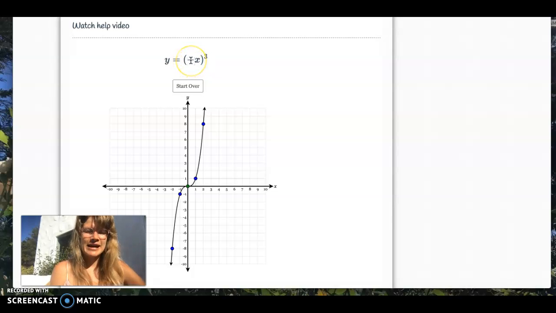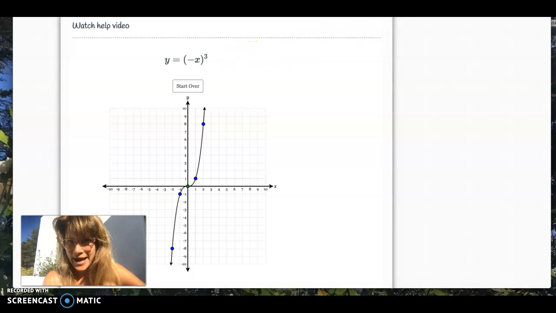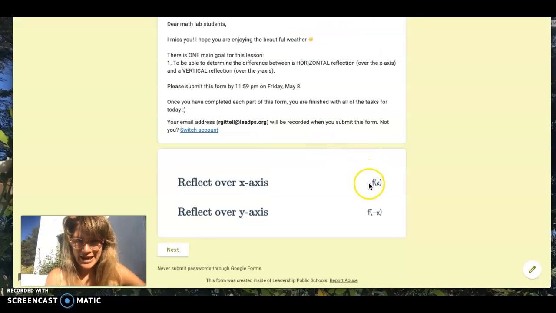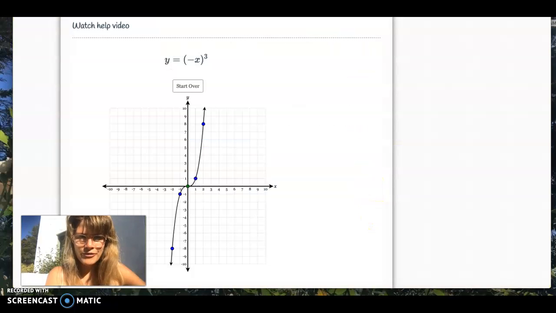And what I want to ask myself is, is the negative inside of the function, or is the negative in front of or outside of the function? So going back here, I want to again ask myself, is the negative outside or inside? And hopefully it makes sense when I tell you that this is inside of the function. It's inside of the parentheses. It's inside of the operation of being cubed.